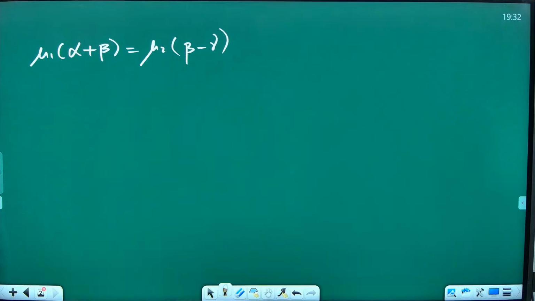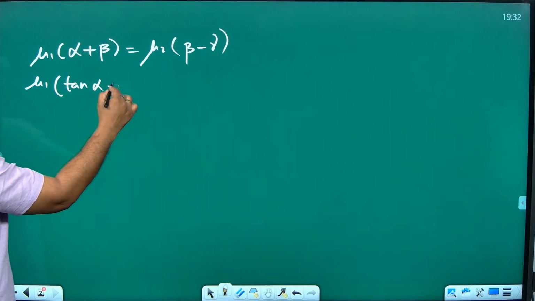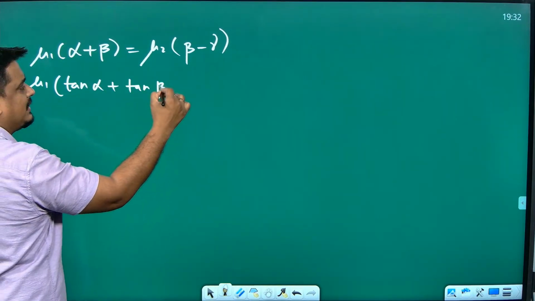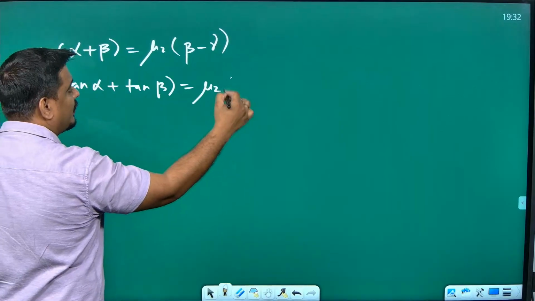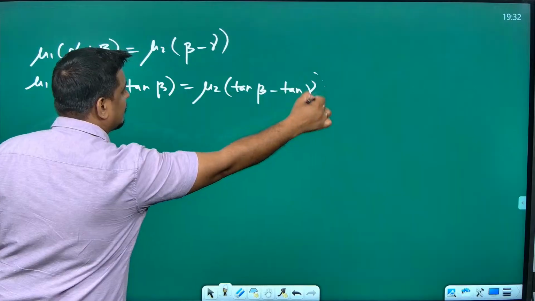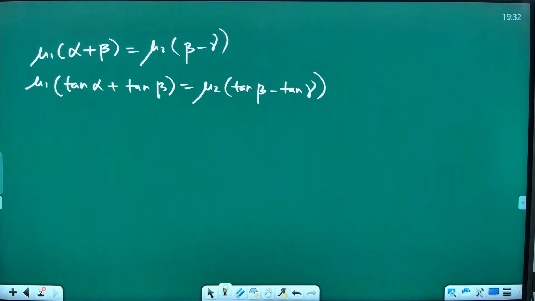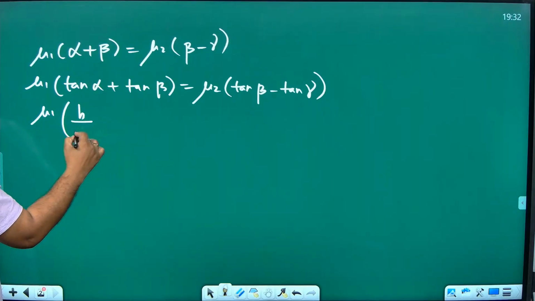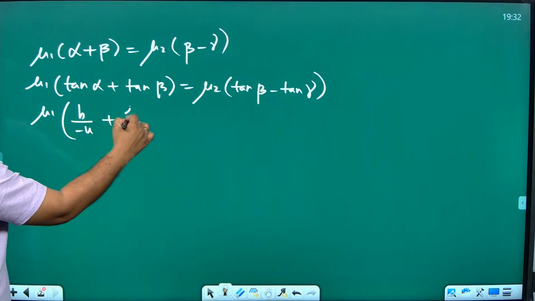Or I can write mu1 into tan alpha plus tan beta is equal to mu2 into tan beta minus tan gamma, right? What is tan alpha? H by minus U. What is tan beta?